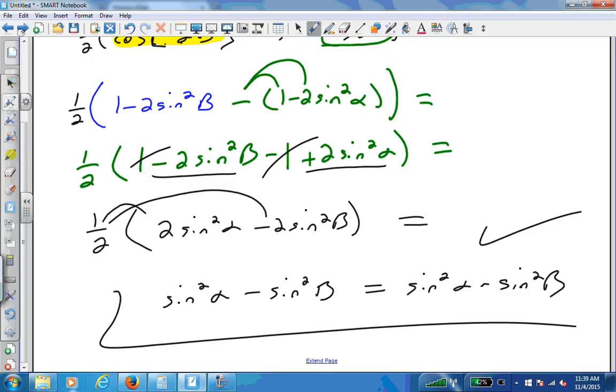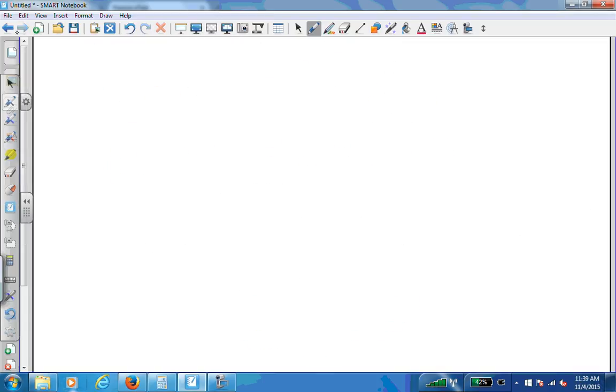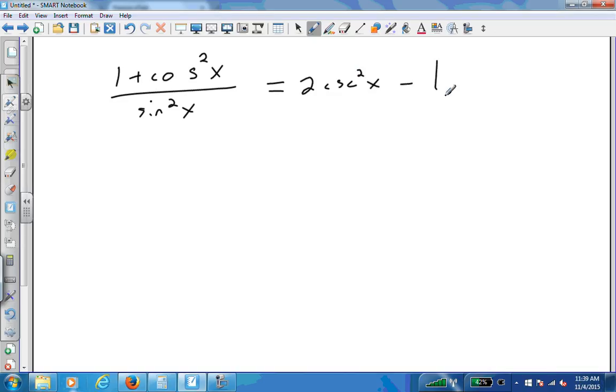Let's look at 21. 21, we have 1 plus cosine squared over sine squared equals 2 cosecant squared minus 1.